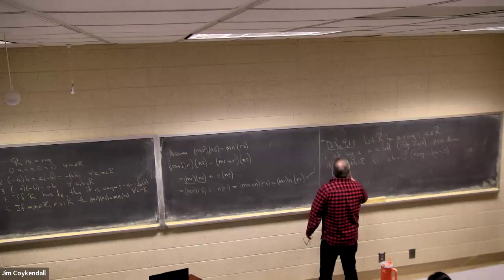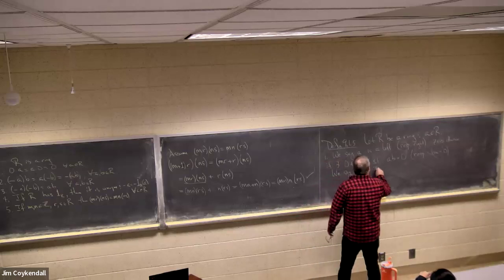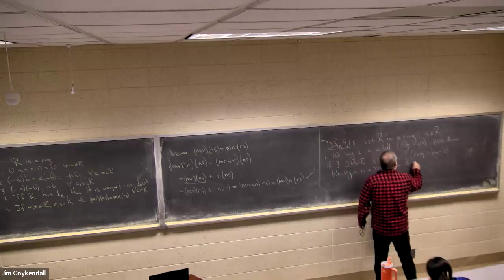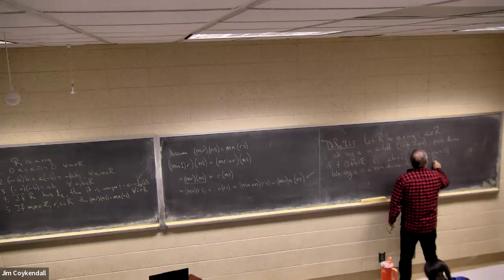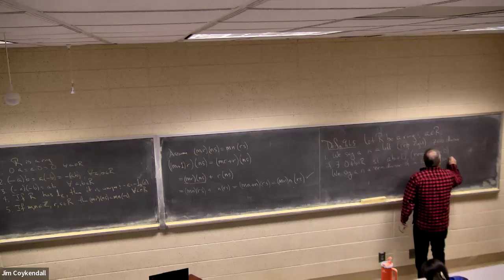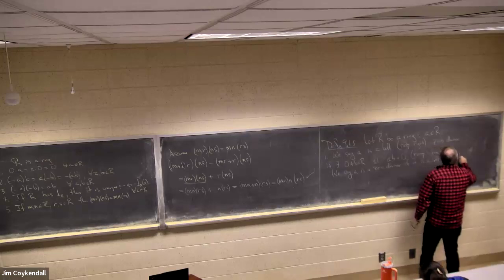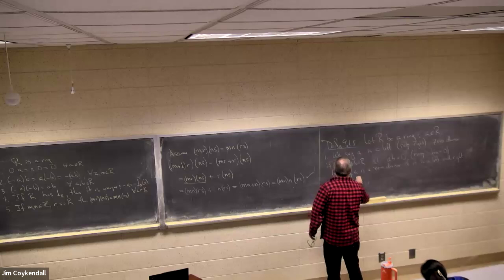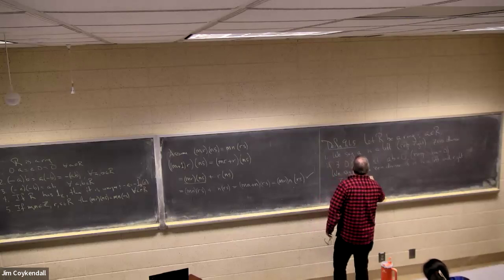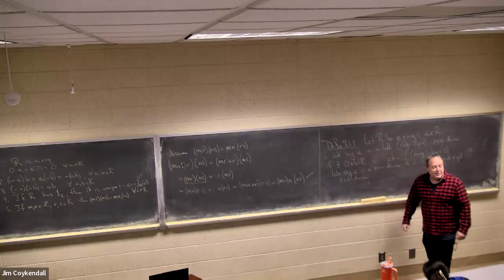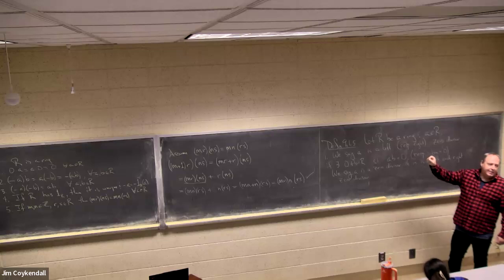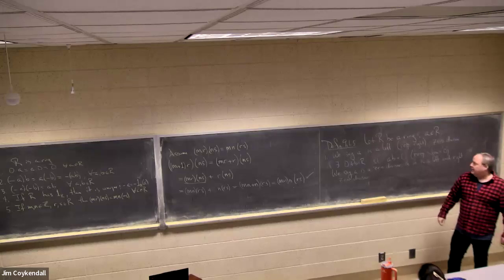We say A is a zero divisor if it is left and right zero divisor. By the way, it does not have to be the same B. For example, you might have a non-zero B such that AB is 0, and a non-zero C such that CA is 0. Number 2.